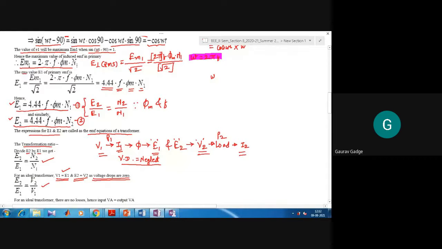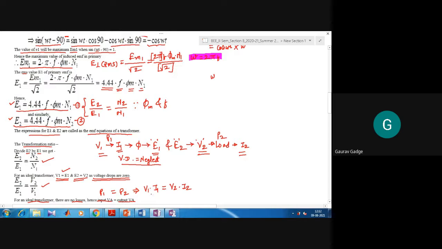Now, for ideal transformer, third point, there are no losses. Hence, input volt ampere is equal to output volt ampere. It means P1 is equal to P2. Now, what is P1? P1 is V1 into I1 and P2 is V2 into I2, neglecting the power losses.